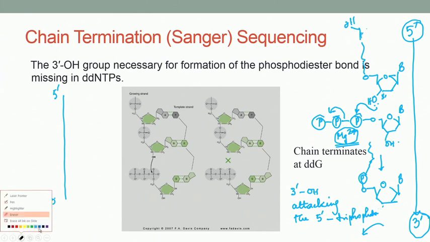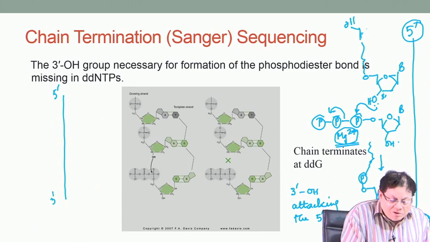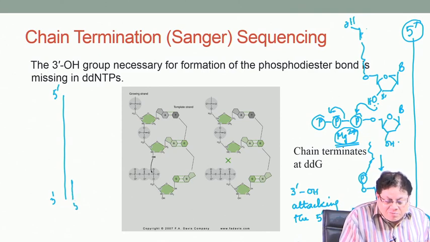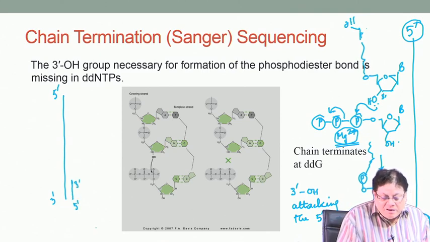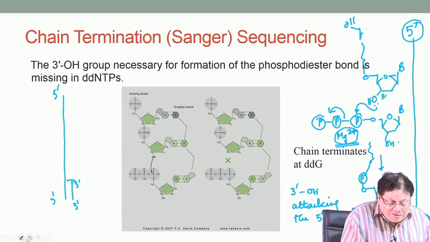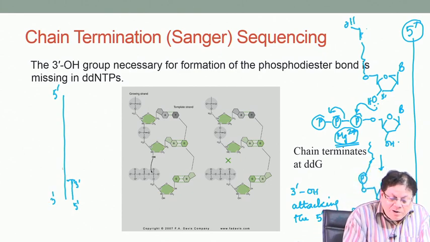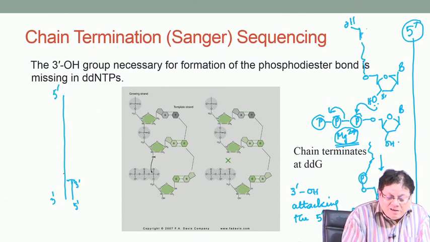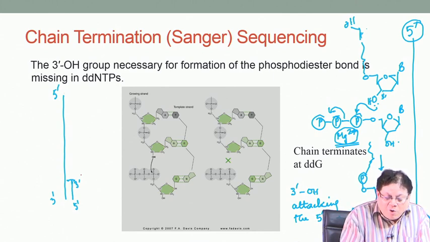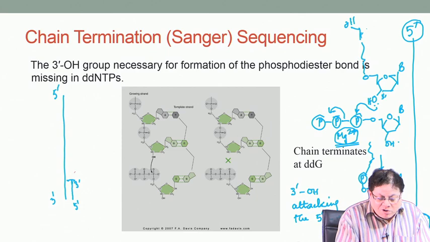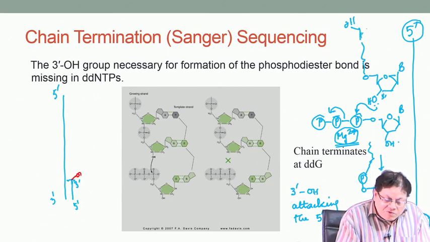So, if this is your 5 prime going from 5 prime to 3 prime, then your primer should be here, with the primer 5 prime here and 3 prime here. Okay. So, that is the primer, and then as you add all these deoxynucleoside triphosphates, depending on the sequence here, whether A is there or G or all these sequences, the complementary base containing nucleoside triphosphate will be brought here, and this 3 prime which is free.